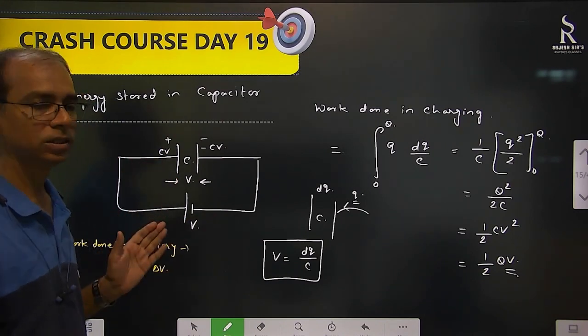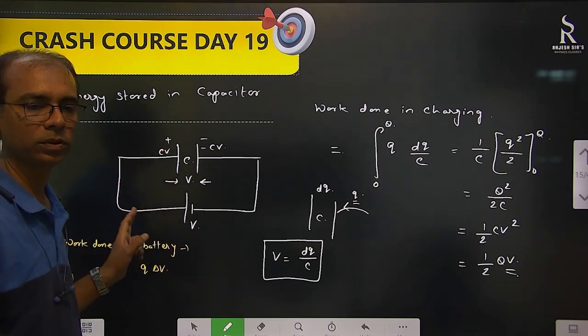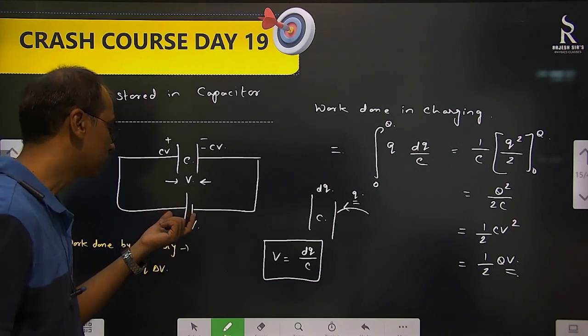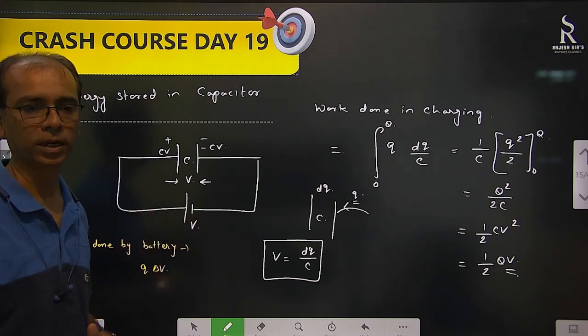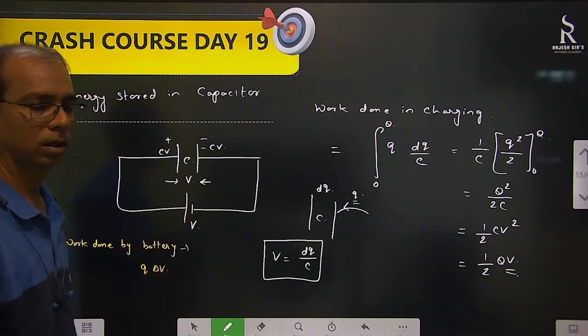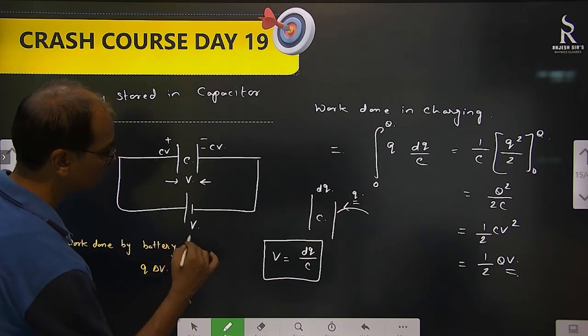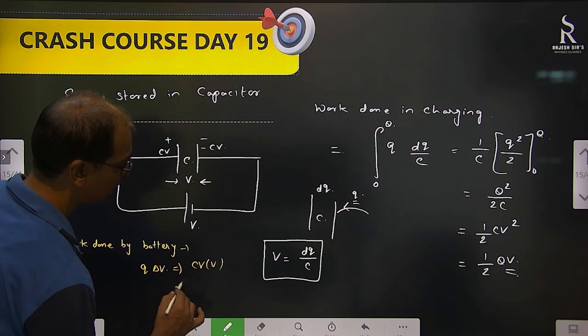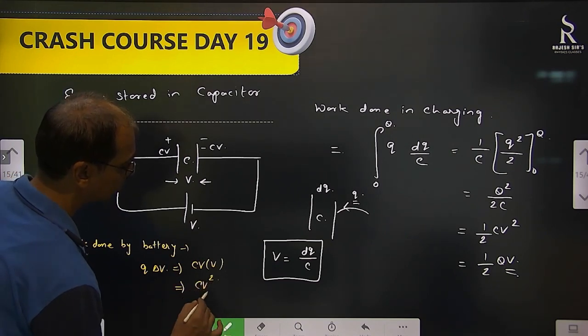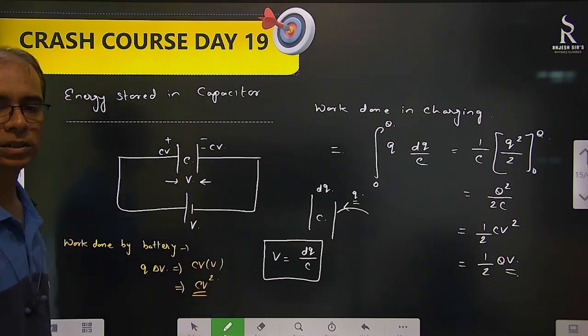Then only this charge is there. So when the electrons are passing through this, the charge is passing through the battery. The battery is doing work then. So how much charge has passed? CV. And what is the potential difference? V. So work done by the battery is CV square.